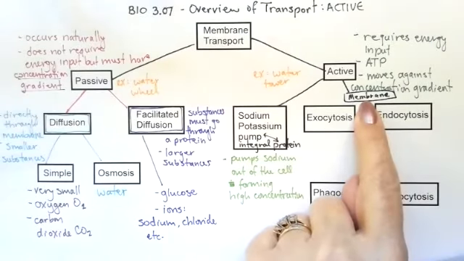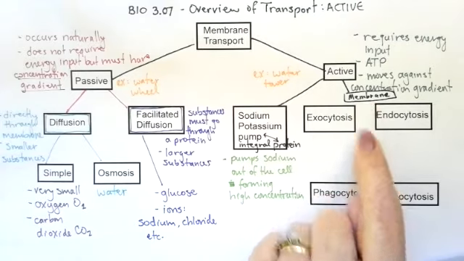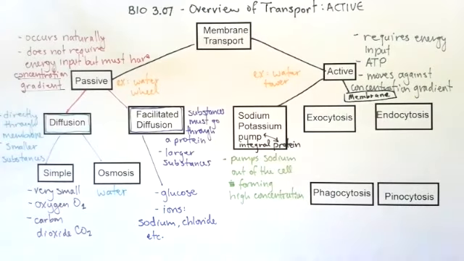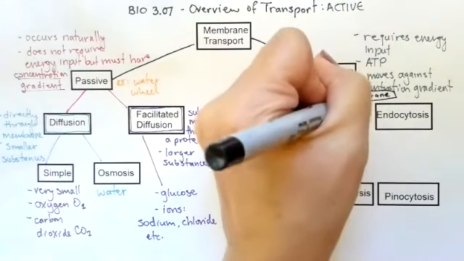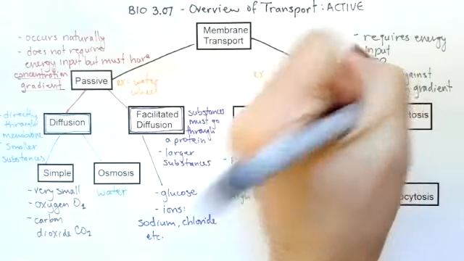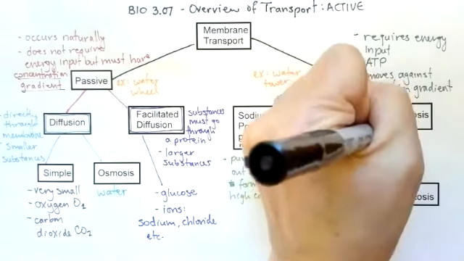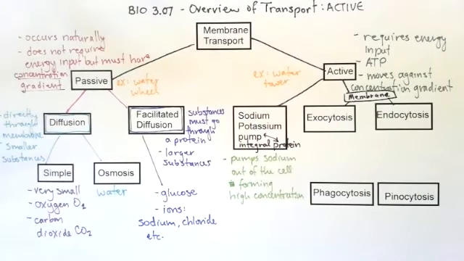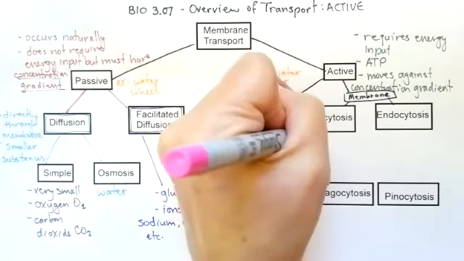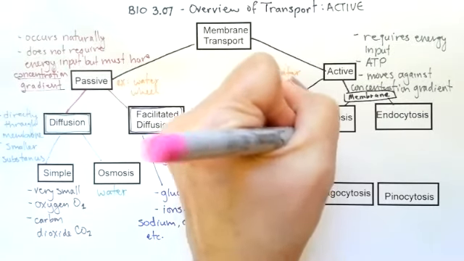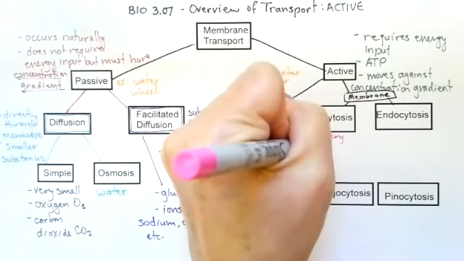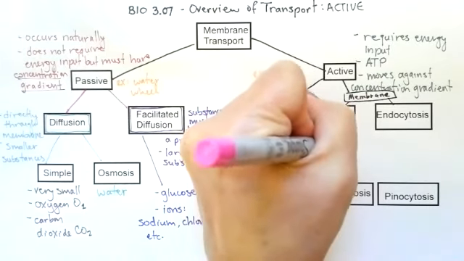And that's our last category of active transport, where we move the whole cell membrane to take big things in and out. So we have two ways to move the membrane: endocytosis and exocytosis. Endocytosis brings things into the cell, and exocytosis sends very large things out.